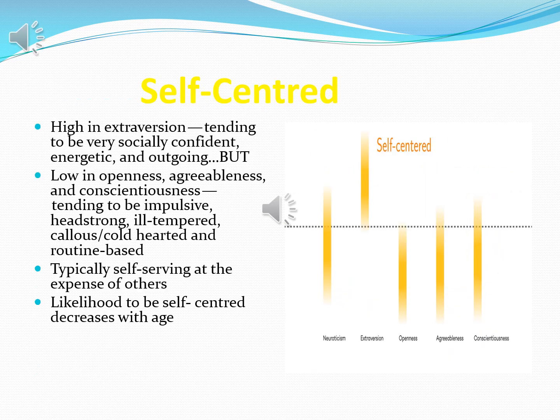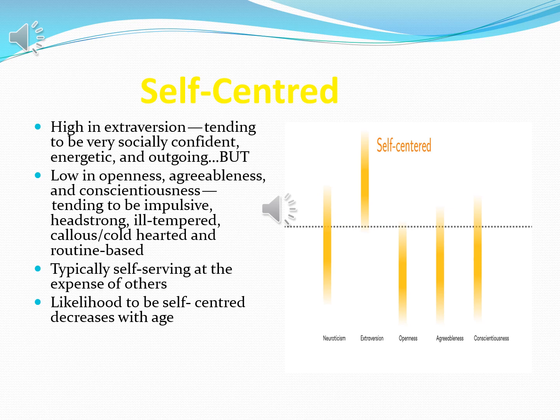People who are classified as self-centered are high in extraversion, tending to be very socially confident, energetic, and outgoing. But on the other side, low in openness, agreeableness, and conscientiousness, and tending to be impulsive, headstrong, ill-tempered, cold-hearted, and routine-based.